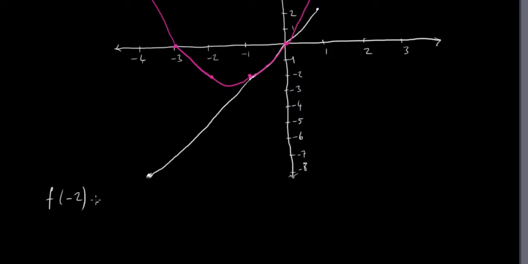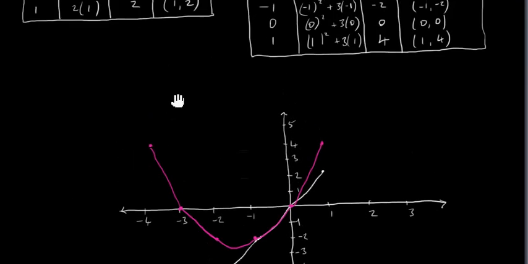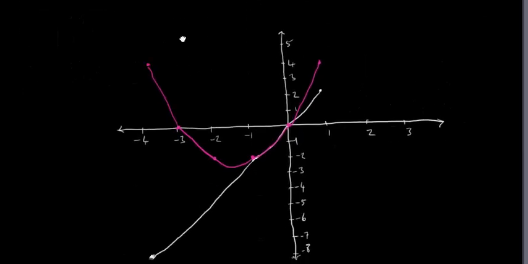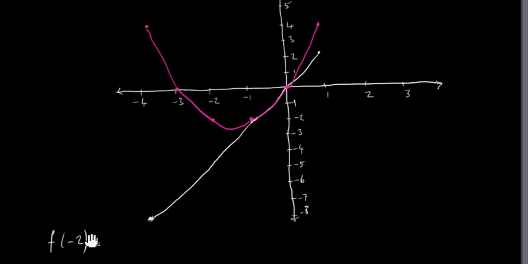So remember that f is my linear graph, the straight line. So we know that our x is going to be minus 2.